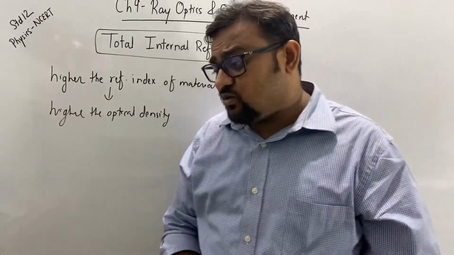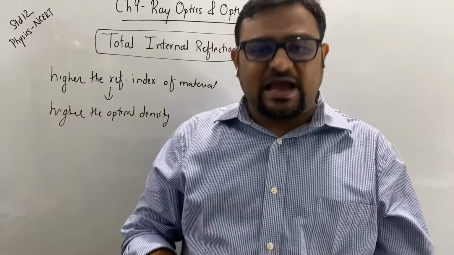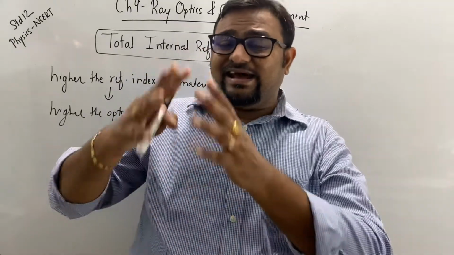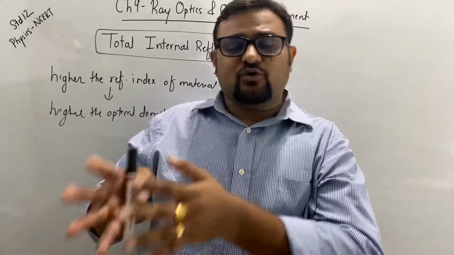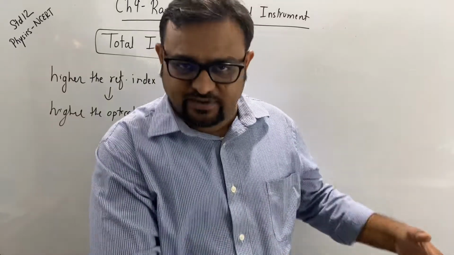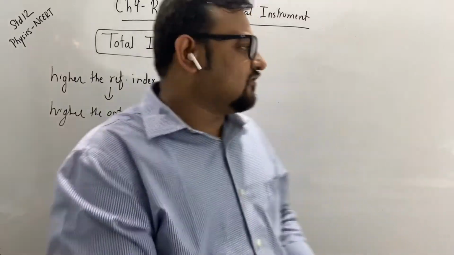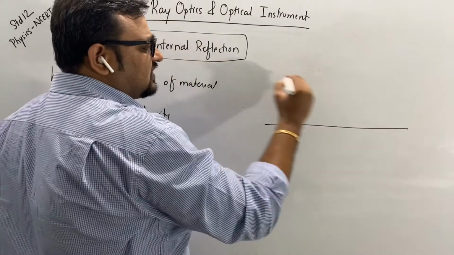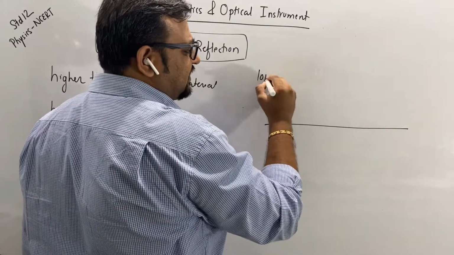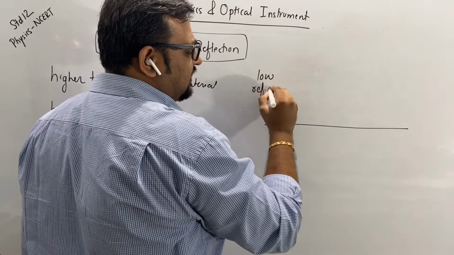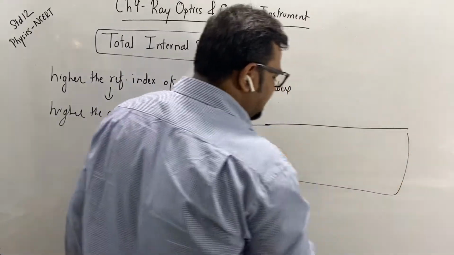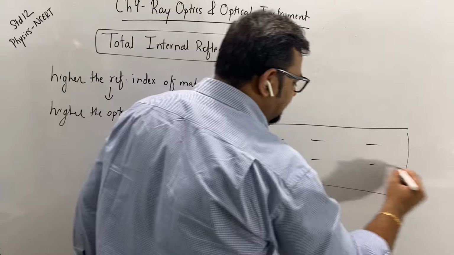Now, when a ray of light passes from an optically rarer medium to an optically denser medium, or from a medium having low refractive index to high refractive index, here I will write low refractive index. Let's say this is filled with water.